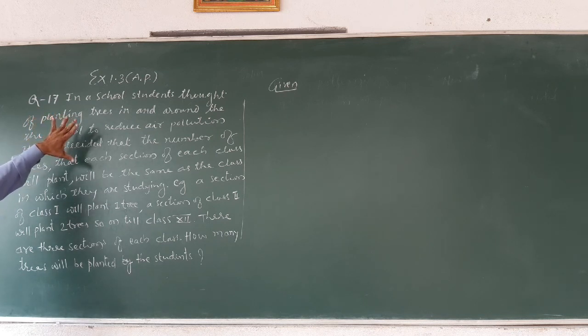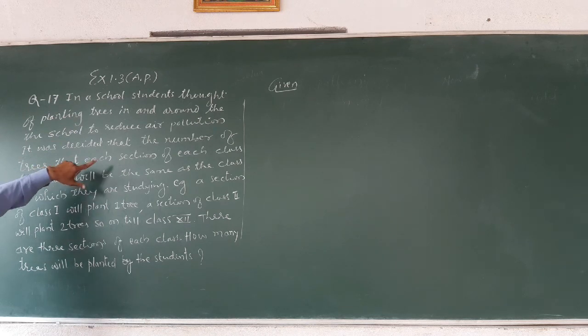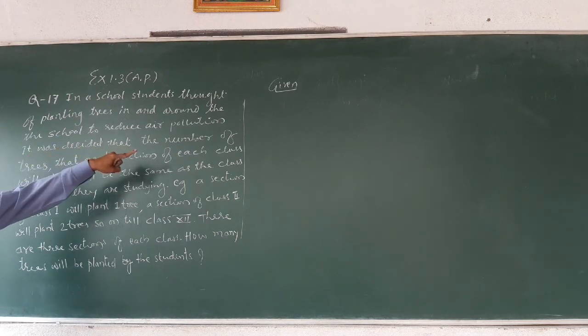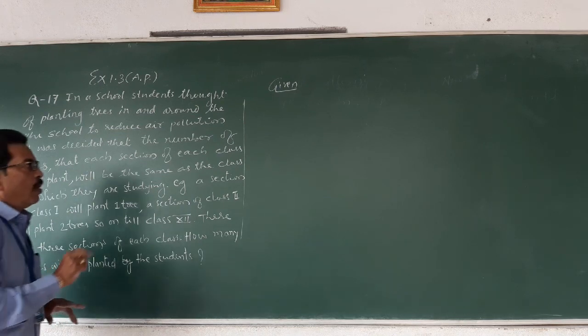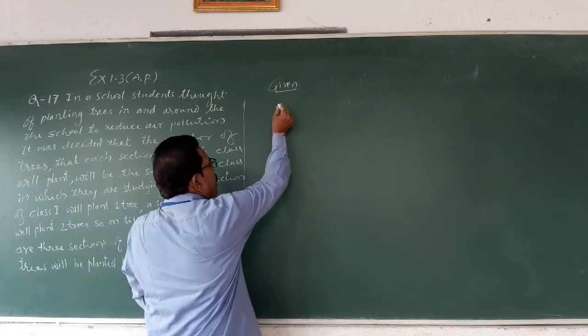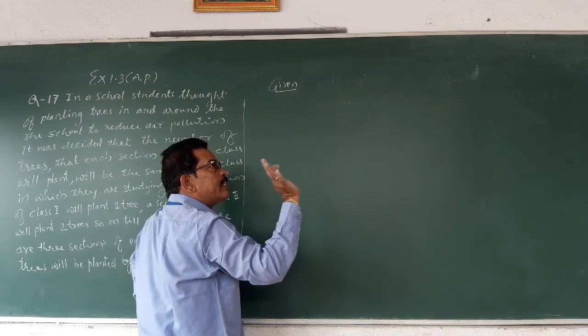It was decided that the number of trees that each section of each class will plant will be the same as the class in which they are studying. So, let us write how many plants each class will plant.